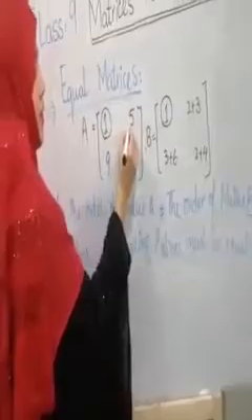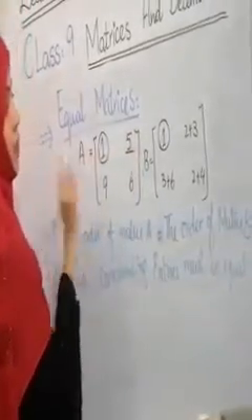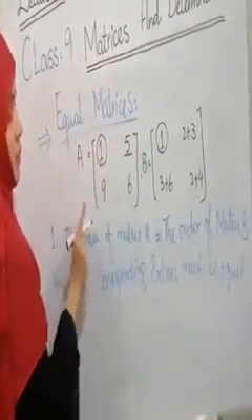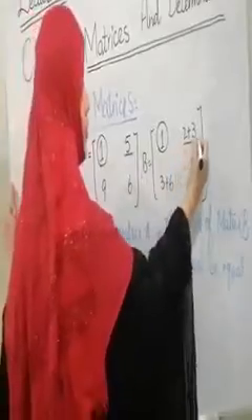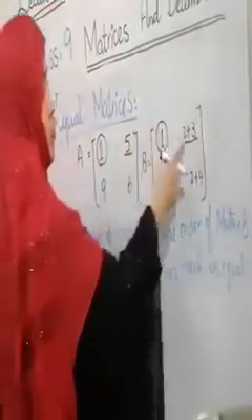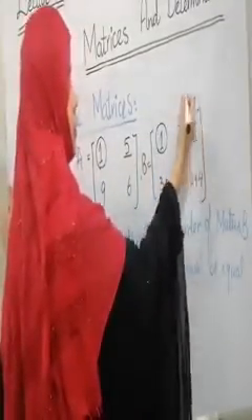Okay, now what are corresponding entries? The first value must be equal to the first value of the second matrix. The second value, which is 5, must be equal to the second value of the second matrix, 5. 2 plus 3 is also equal to 5.